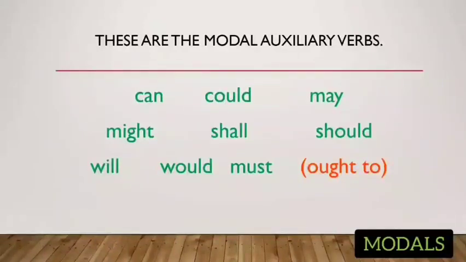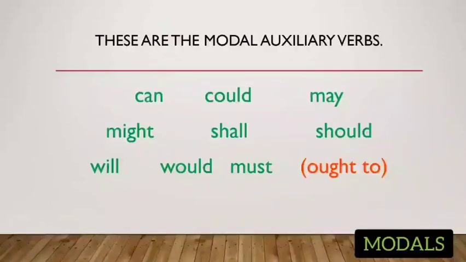Now keep in mind, children, normal auxiliaries and modal auxiliaries do have differences. Normal auxiliaries do not change the meaning of the sentences. They change the tense, the timing of the sentences, as well as the number. But modal auxiliaries change the meaning of the sentences too. So we have to be very careful while using modal auxiliaries.